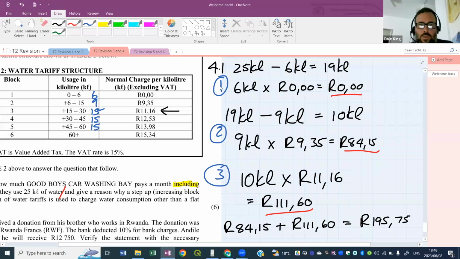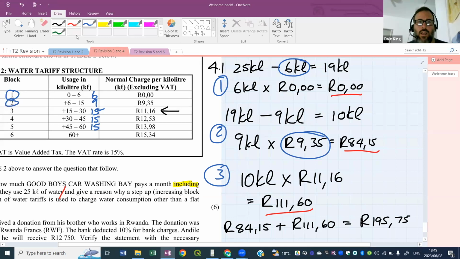So you can see these blue numbers here in our calculation. The 1 stands for block 1. There were 6 kiloliters in block 1, so I took 6 kiloliters from my 25 and charged it at the block 1 rate. I had 19 kiloliters left. Now we're going to block 2. I've got more than enough to go all the way through block 2, so I took 9 from block 2 and charged it at the block 2 rate, which is 9.35 Rand.